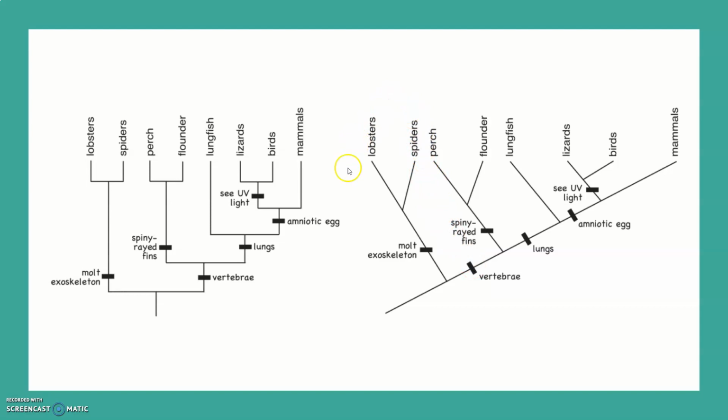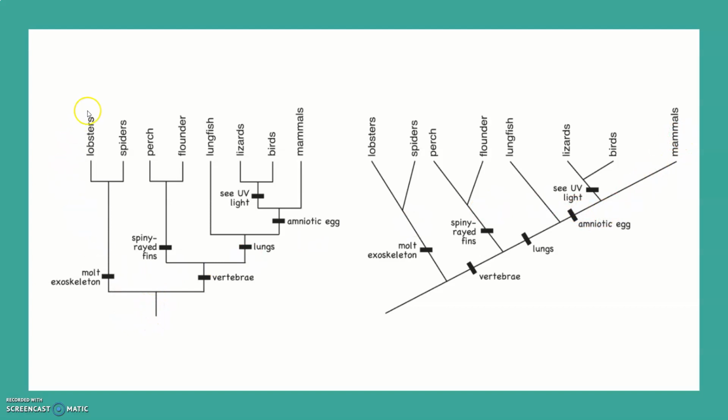Lobsters and spiders don't have that, but they have an exoskeleton that's molted, and from this point on, they're all vertebrates. They share this characteristic. The perch and the flounder, being fish, don't have lungs, and then this is a shared characteristic that all the organisms further down have.